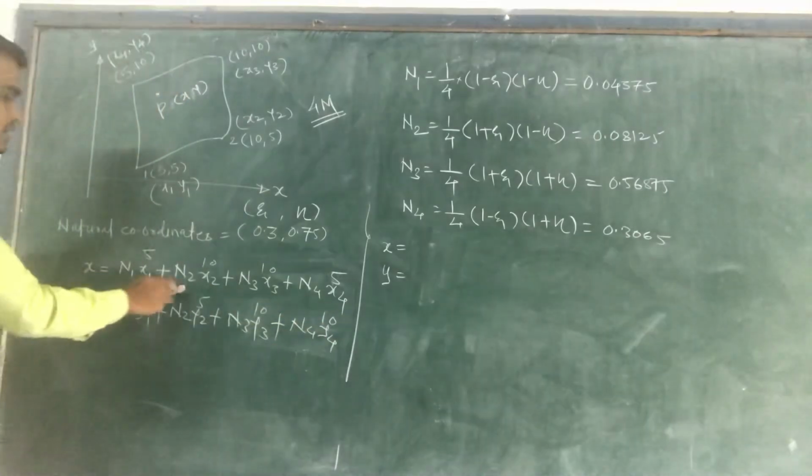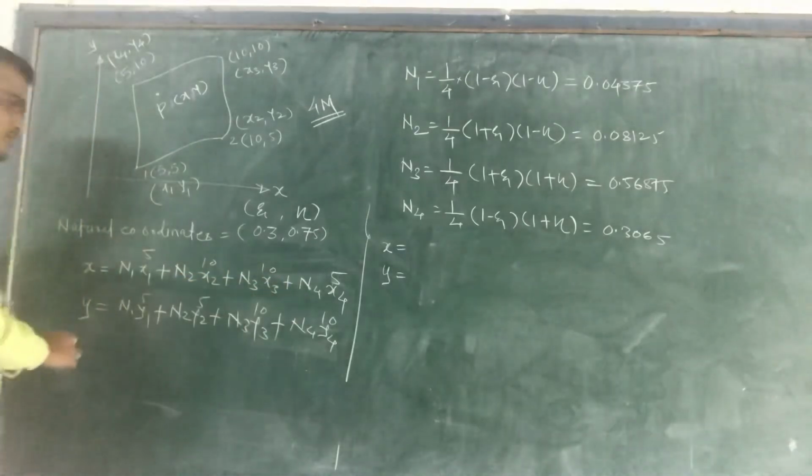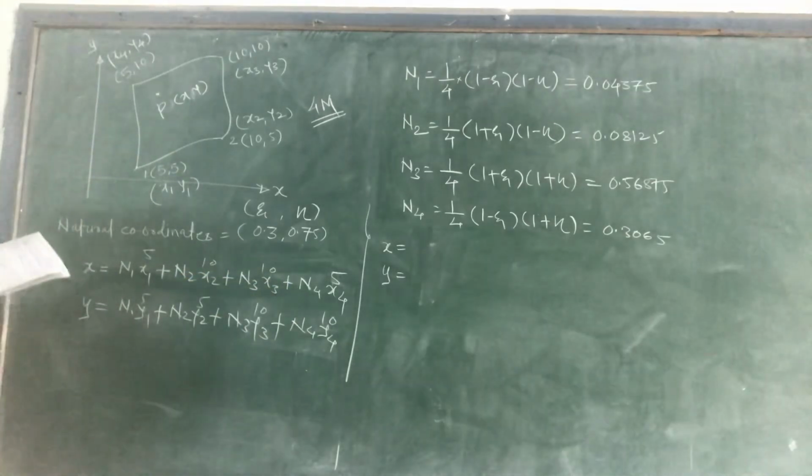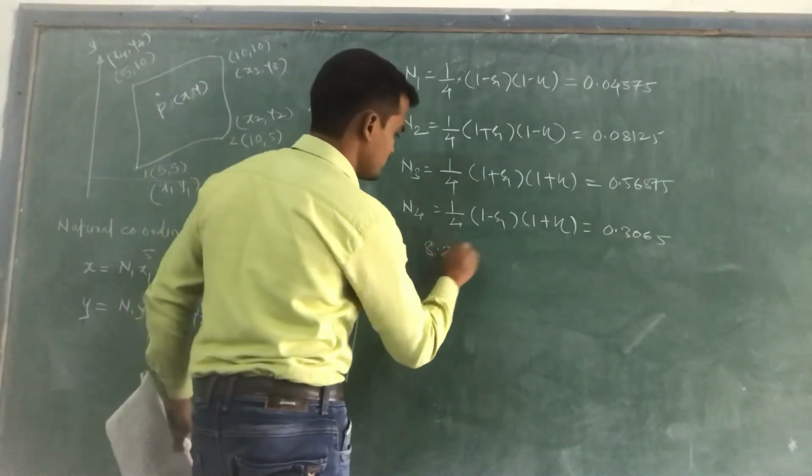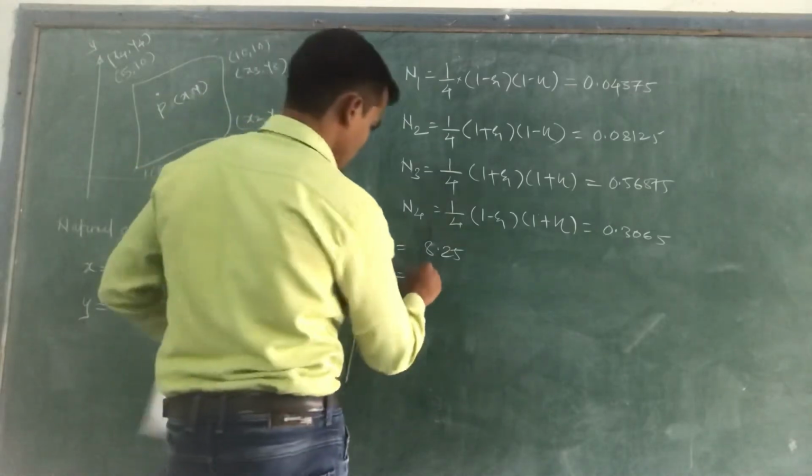By putting N1, N2, N3, N4, after the determination you will get x as 8.5, 8.25 and y as 9.375.